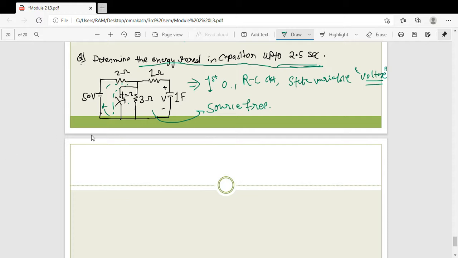So now see, first of all, before this switching operation, calculate all the parameters here. So part one, you can say at t from 0 to less than or equal to 2. Okay, so this is nothing but your DC steady state response, right?